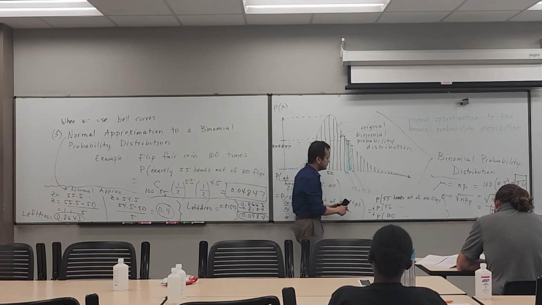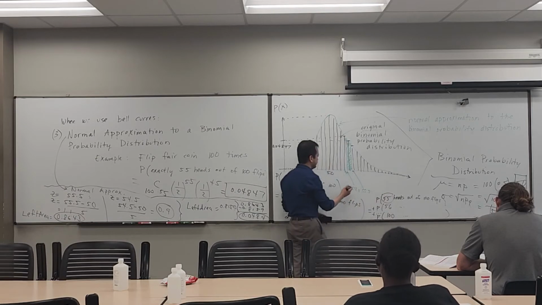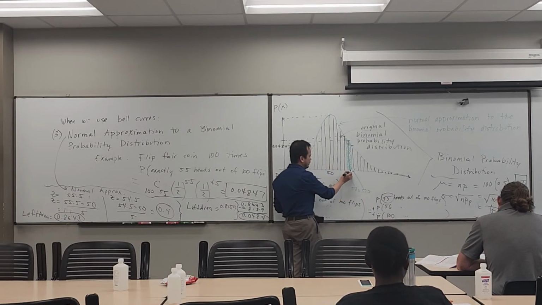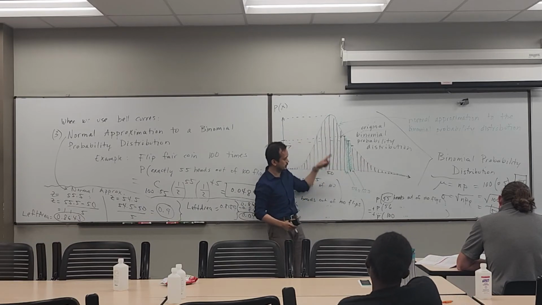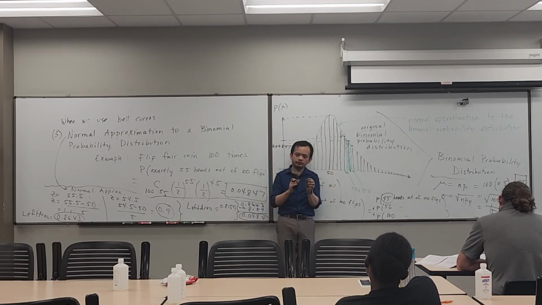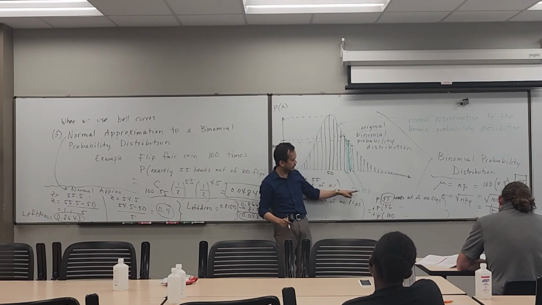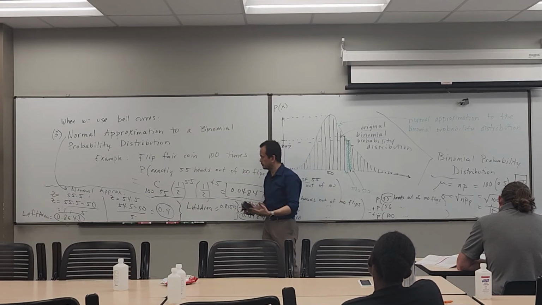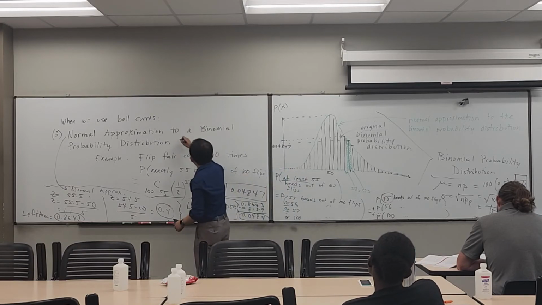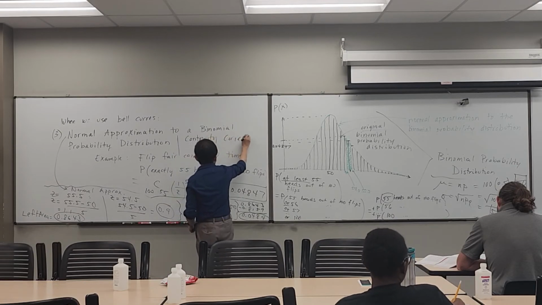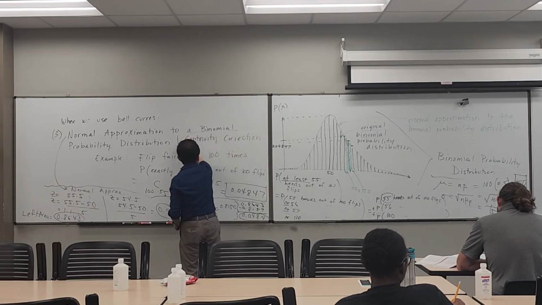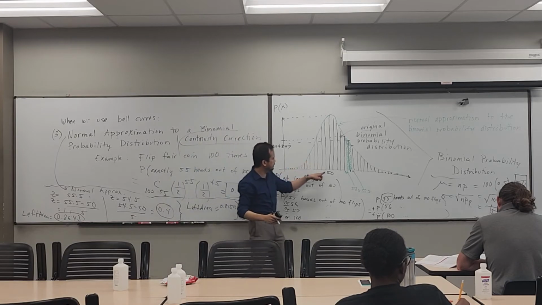So now, if we go from 55 heads, because we're fitting a continuous distribution onto a discrete one, we're going to give each discrete data point an area of 0.5 in either direction. Your book calls that continuity correction. Originally we have a discrete distribution.